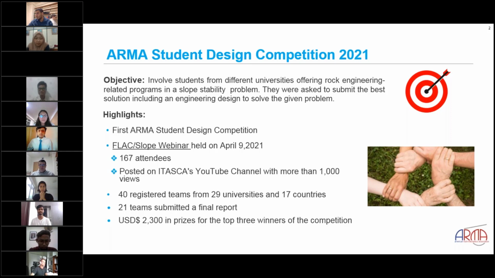In the first phase, we had the registration of more than 40 teams from 29 universities and 17 countries. For the final phase, 21 teams submitted a final report, and we have more than $2,300 in prizes for the top 3 winners of the competition.